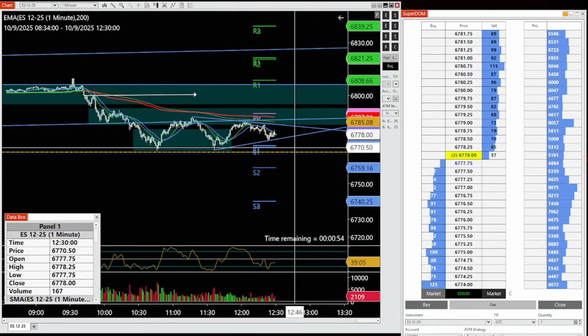Another 15-minute bar opens up in about 50 seconds.